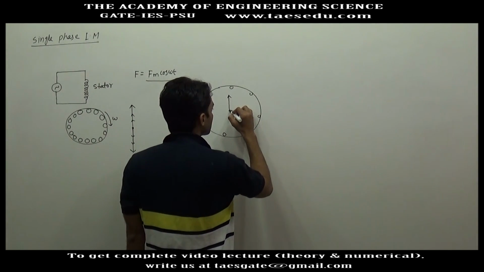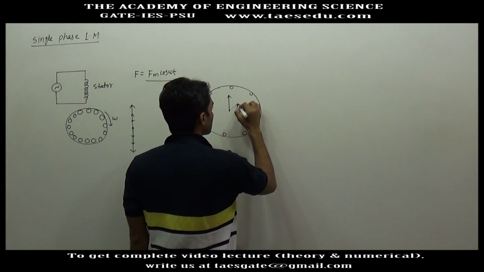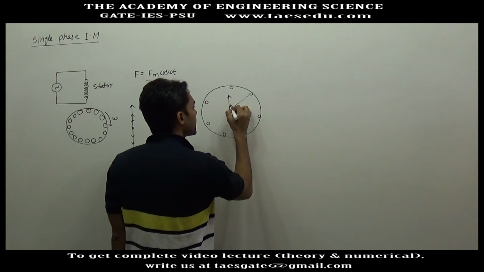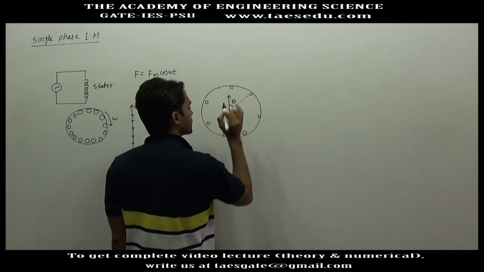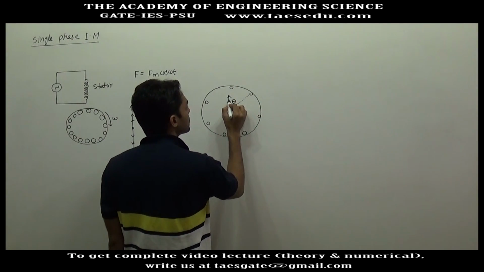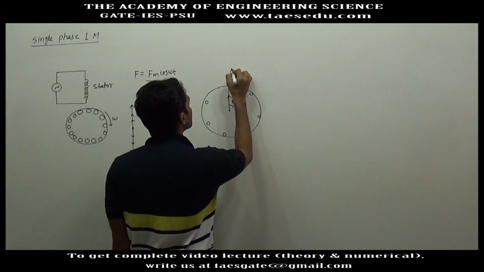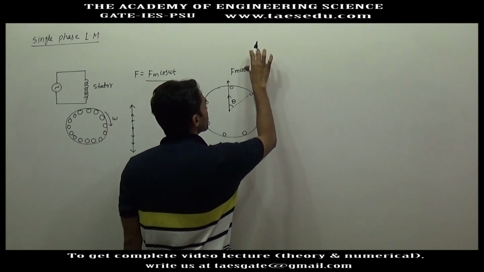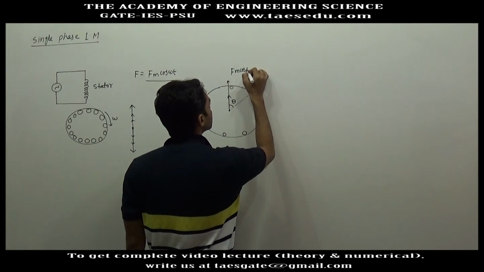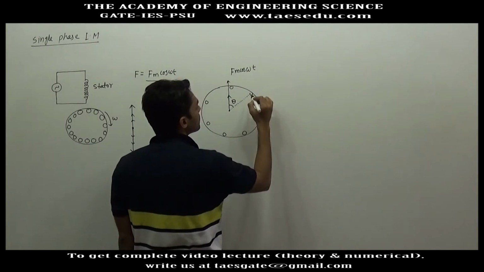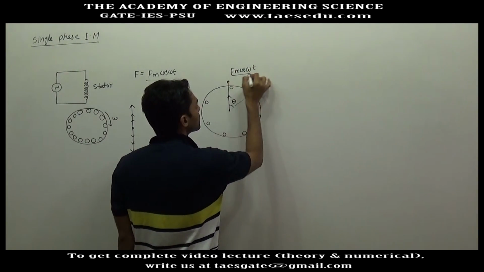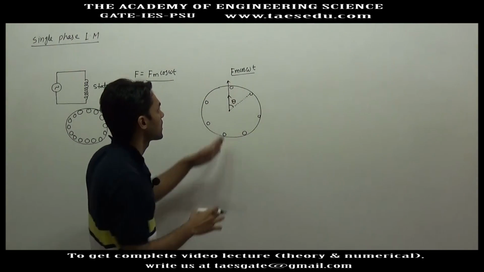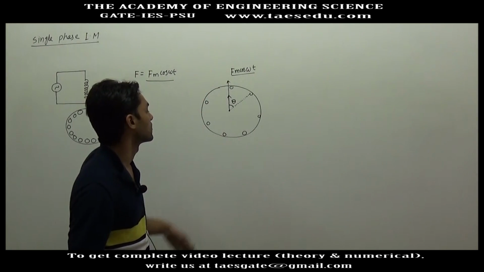Now if we try to find out the expression of MMF at an angle theta from this orientation, if the field is Fm cos omega t, what will be the magnitude of field at an angle theta from the axis of direction of magnetic field?